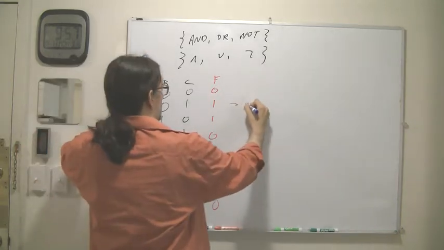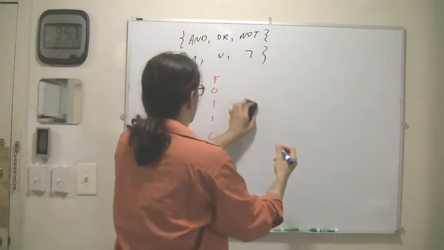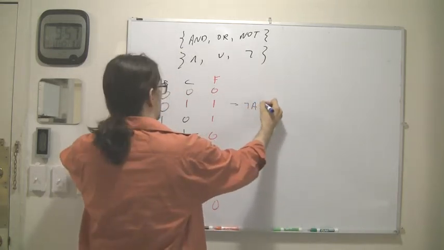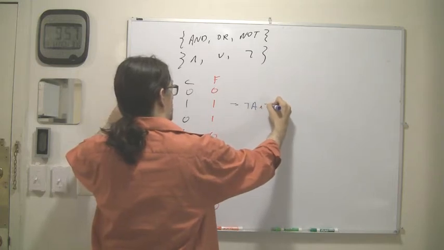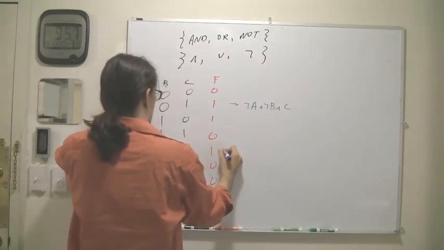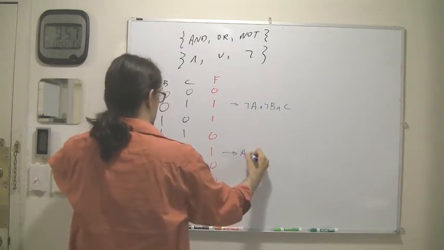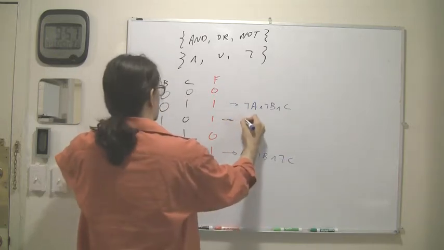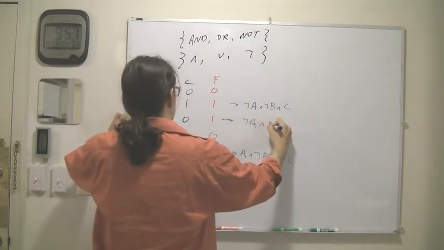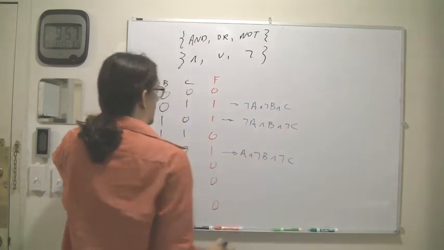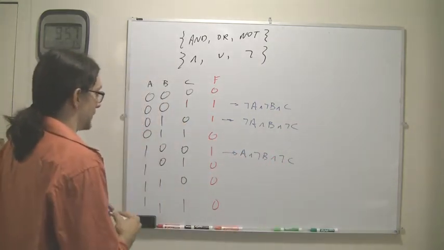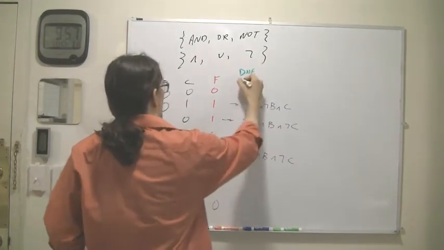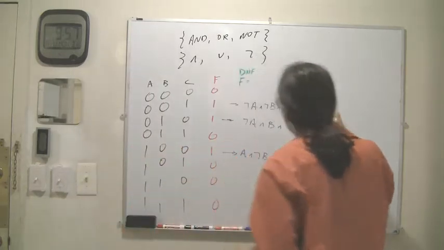So this row is going to be represented, let's write it in predicate logic, as not A and not B and C. This row is going to be represented as A and not B and not C, and this one as not A and B and not C. And our finished expression in DNF will be an OR of those three.